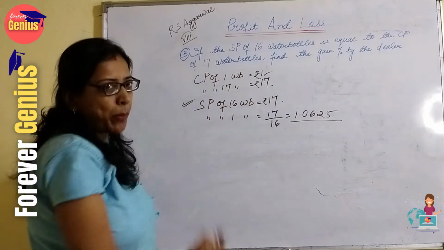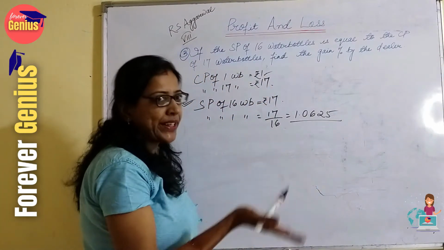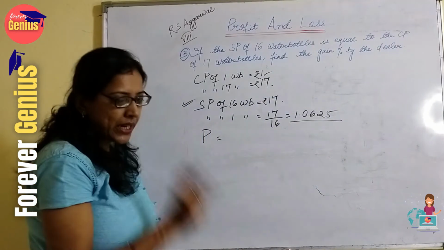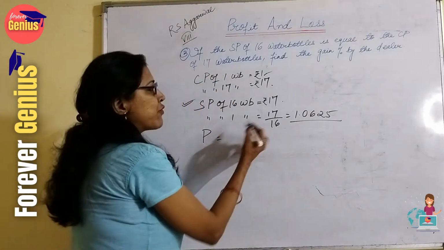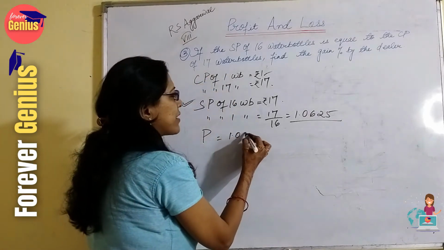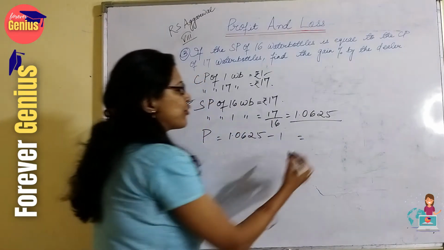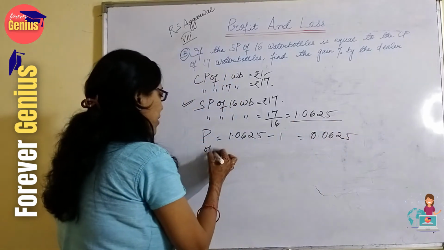Cost price is 1 rupee and selling price is 1.0625. So it is exceeding. So it is a profit. So the dealer has made a profit by selling in this deal. So profit is equals to 1.0625 minus 1. That accounts to 0.0625. What will be the profit percentage?